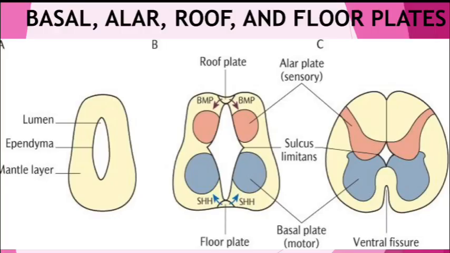So let's talk about the basal, the alar, the roof and floor plates. Right here you have an illustration of development of the spinal cord. You can see the lumen, the epidermal layer and the mantle layer. Eventually you see the differentiation to form the floor plate, roof plate I talked about, then the alar plate and the basal plate, and then the sulcus limitans between them, which demarcates the ventral portion of the spinal cord from the dorsal portion.